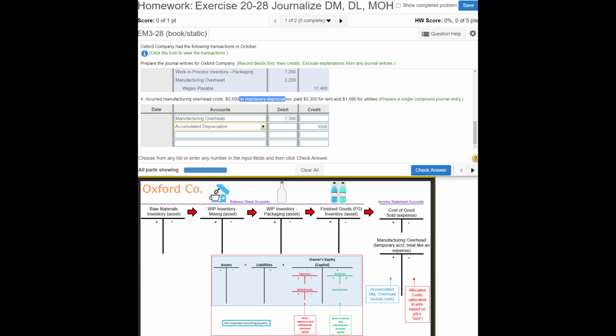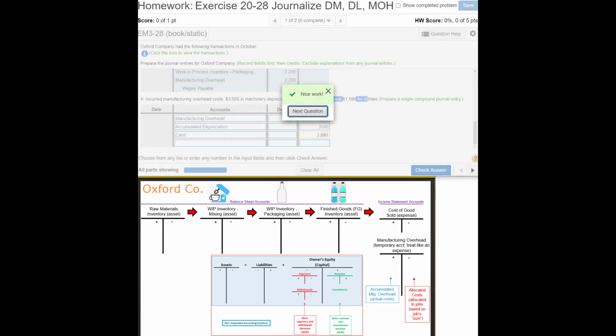Now we paid, so this is cash. So cash is going down because it said we paid $2,300 and $1,590. So we're going to add those two numbers up and we get $3,890. And again, I got that by adding $2,300 and $1,590. And that's it.